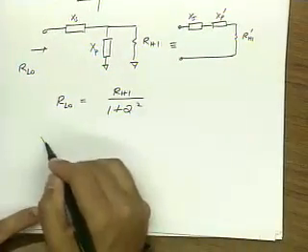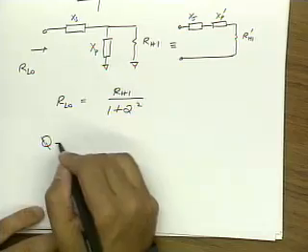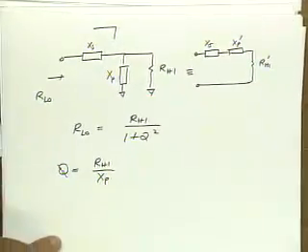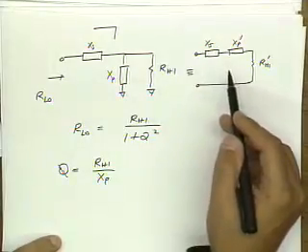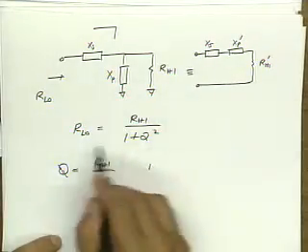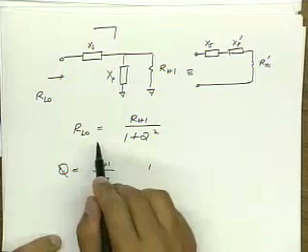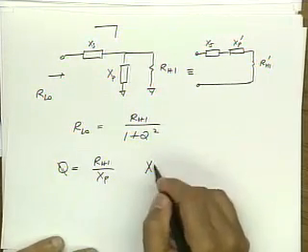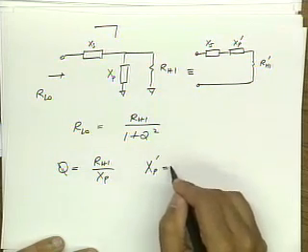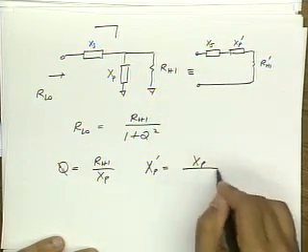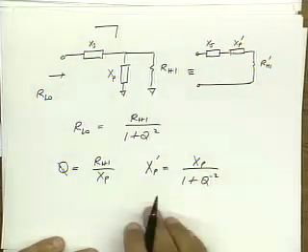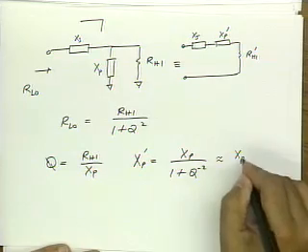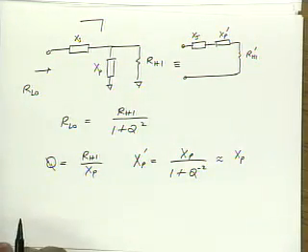Now remember, the Q for a parallel network is R high over XP, right? And when we do this transformation, we know that this is satisfied. This is part of the transformation. And now XP prime is equal to XP times 1 plus Q to the minus 2. Again, using the same formula as before, which again is approximately XP for a high Q circuit.